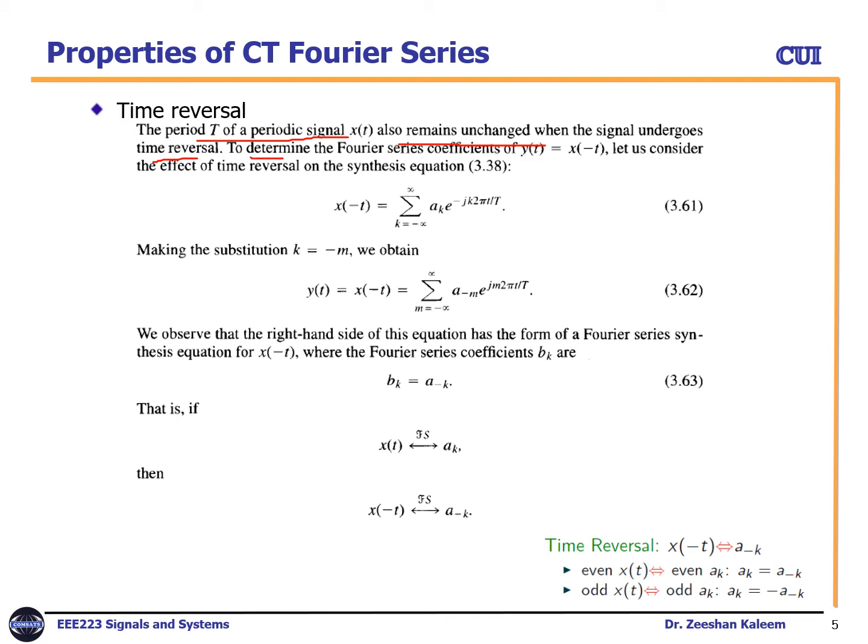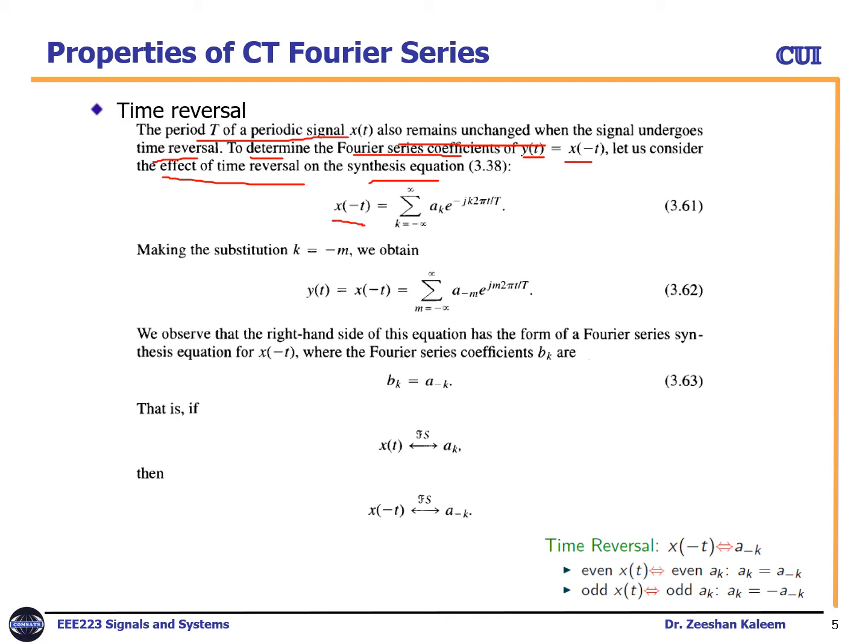To determine the Fourier series coefficients of y(t), let us name x(-t) as y(t). So now we want to find the Fourier series coefficient of y(t). Let us consider the effect of time reversal on the synthesis equation. We named previously the synthesis equation to find the Fourier series of a signal.